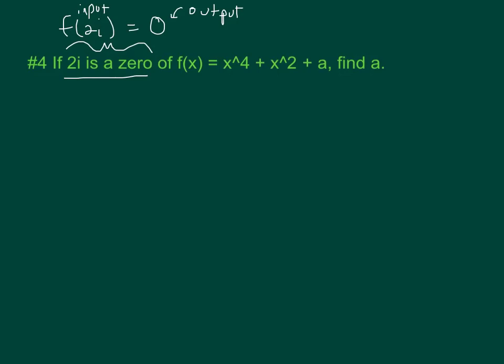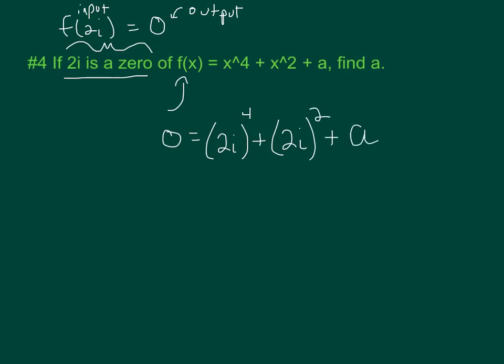Anyway, so we're going to replace y with 0 when we plug in 2i. When you plug in 2i, you get 0. Tell yourself that. Everywhere you see an x, put 2i. And now you just solve. It's that easy. So this really says 16i to the 4th.